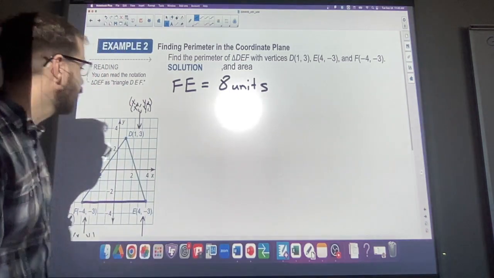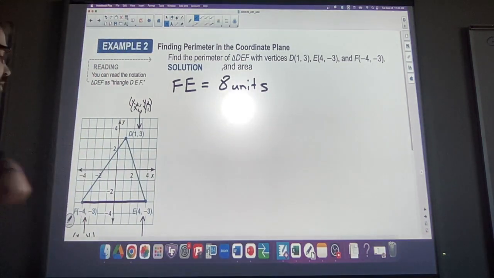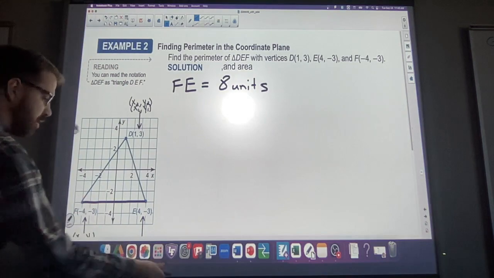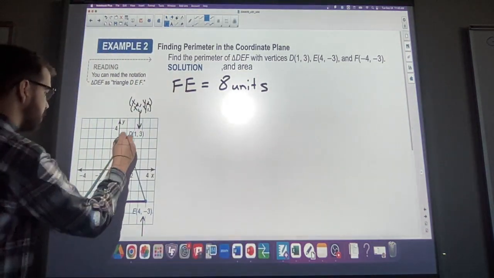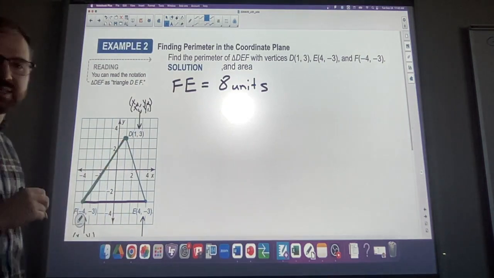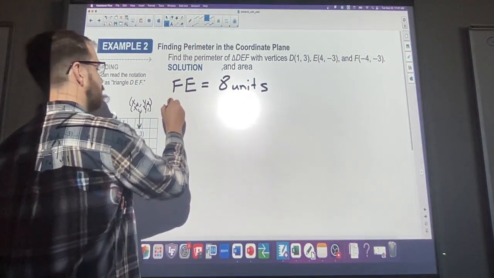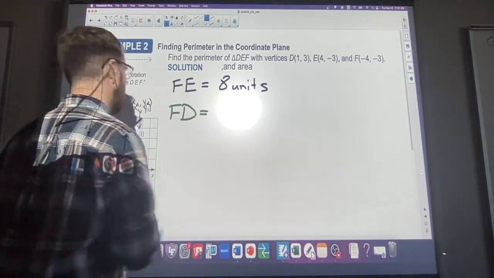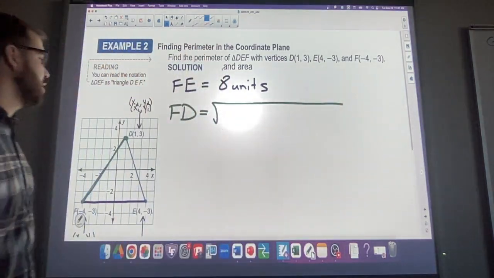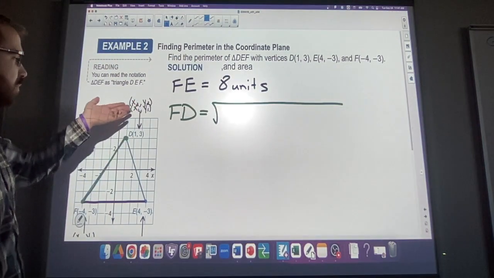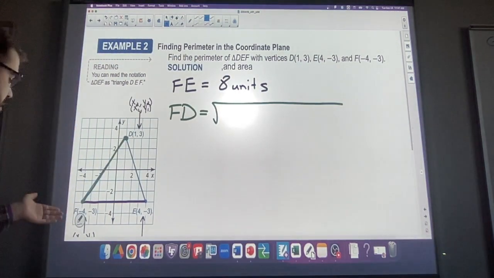Great. All right, so that one's 8. We can just count that, but now we need to use the distance formula. I'll do it in green here. If we go from F to D, we're going to have to use the distance formula. So for F to D, we do the square root of, and you can decide which one is your x2, y2 and which one is your x1, y1.